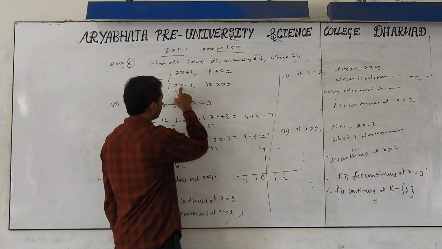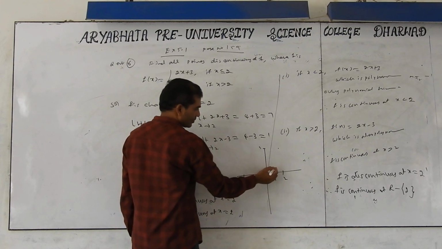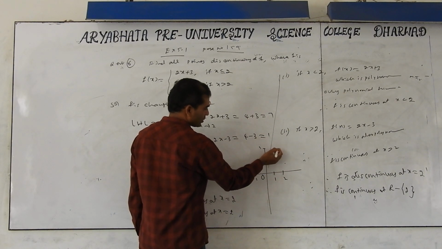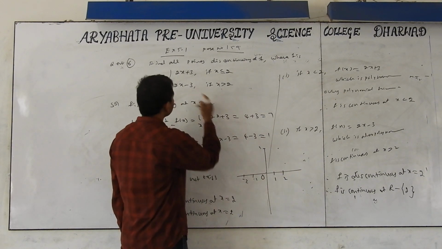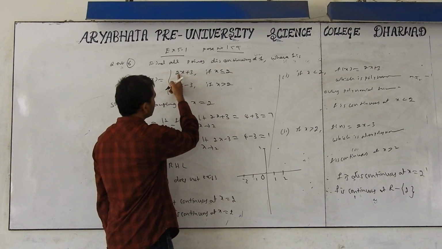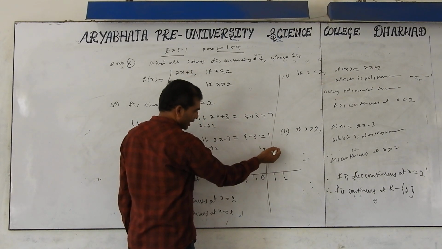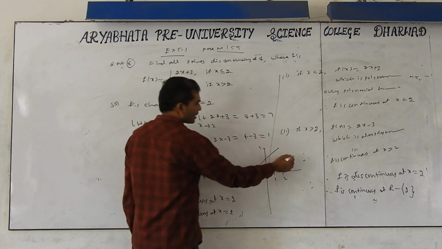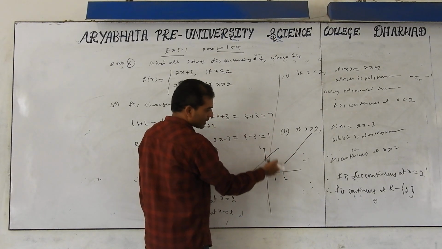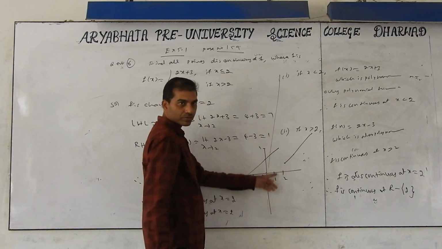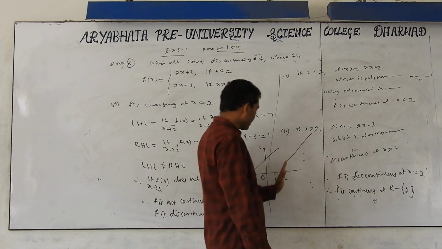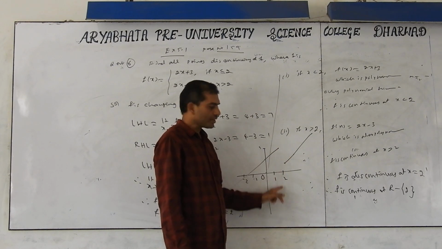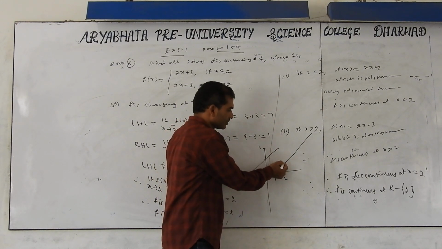Above 2, 2 into 2, 4 minus 3, 1 comes. The graph increases like this on each side. So the graph has a break at what point? 2. Above 2, no break. Below 2, no break. At 2, it has a break. Therefore, it is discontinuous at 2. Understood?